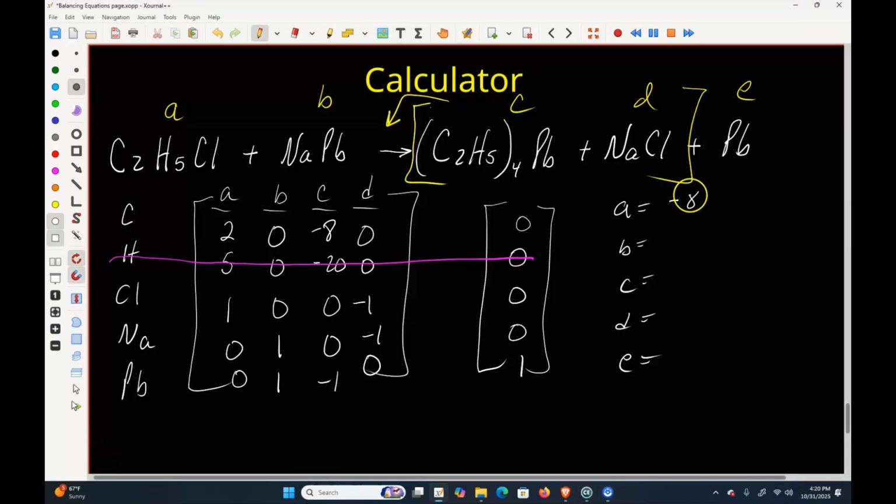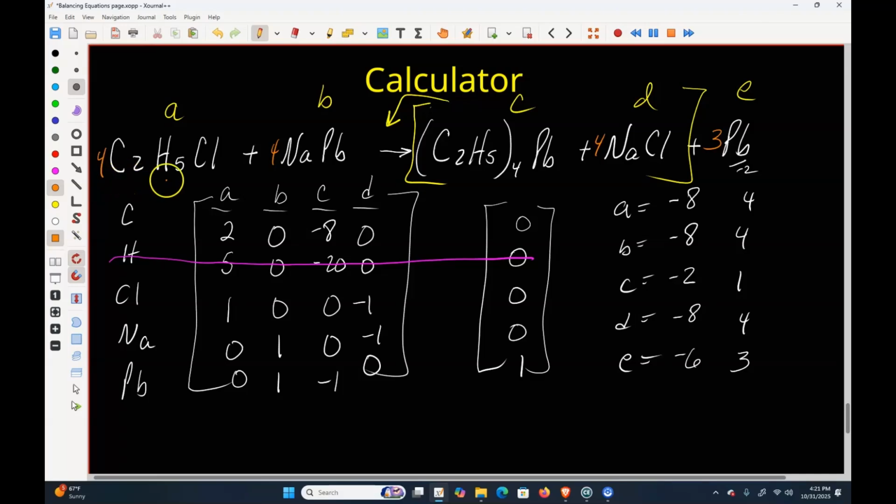So this is negative 8, negative 8, negative 2, negative 8, negative 6. So I can divide all this by negative 2. That gives me a 4, 4, 1, 4, 3. So 4 here, here, 1, 4, and 3.